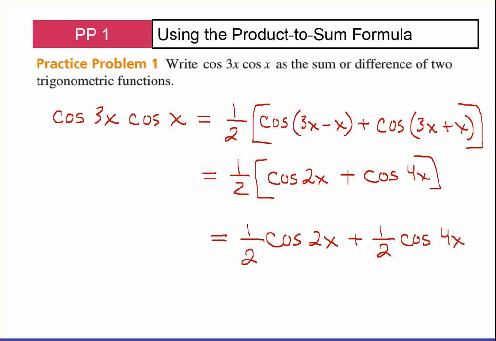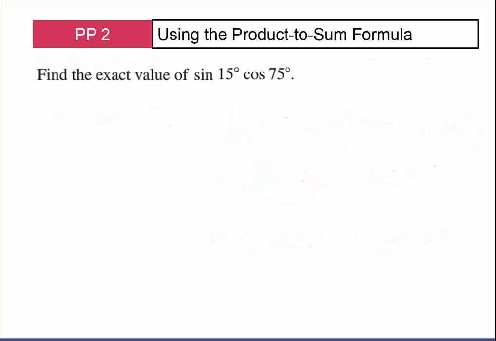Well, the same thing works here. If I can use this to solve or simplify trigonometric functions of certain variables. So practice problem number 2. The question is, can I find the exact value of sine of 15 degrees times cosine of 75?